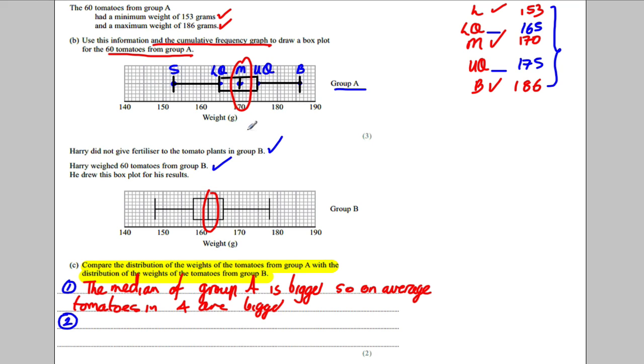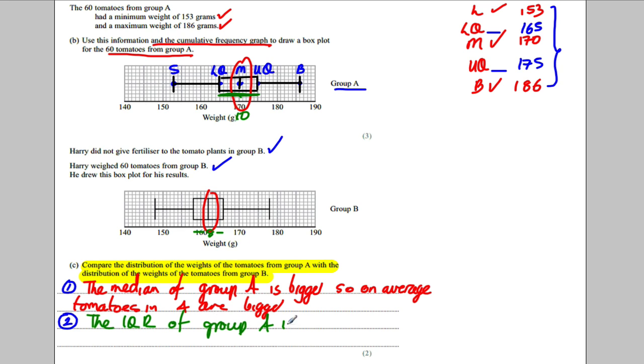Now, what do we do for our second part? We've got to compare the interquartile range, which is the length of the box. This box here has length 10. This box here is going from 1, 5, 8, 9, so 1, 2, 3, 4, 5, 6, 7, 8. It's only 8. So this box is wider, is longer. So we can state for the second part the IQR of group, which one is bigger?